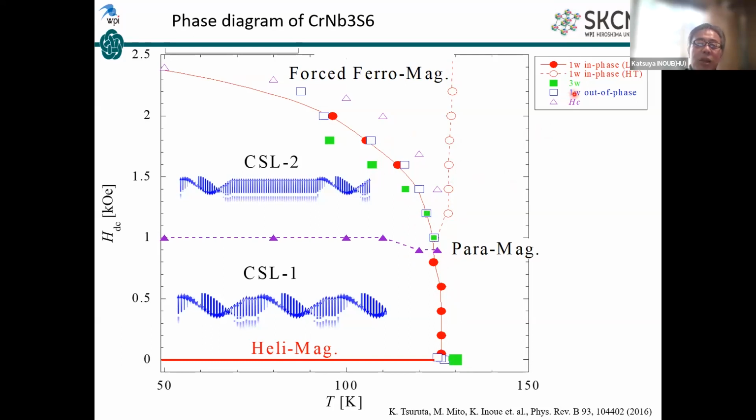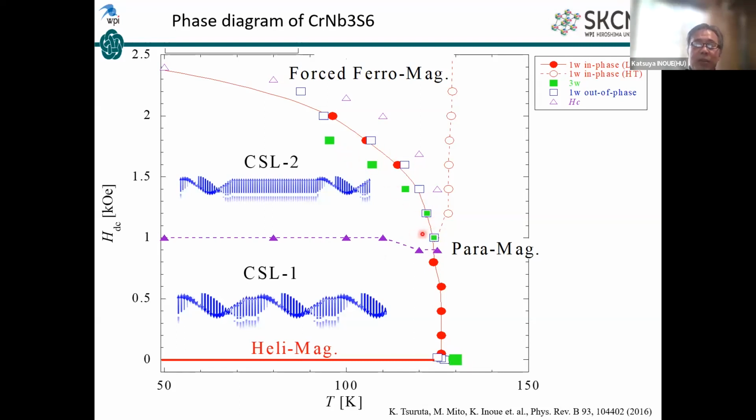It's the 3 omega nonlinear response. Here, just above Tc, there is, as I said before, a very strong 3 omega response. Only at zero field. If we apply a magnetic field, this nonlinear susceptibility disappears, and at around 1000 Oersted, the nonlinear susceptibility appears again.